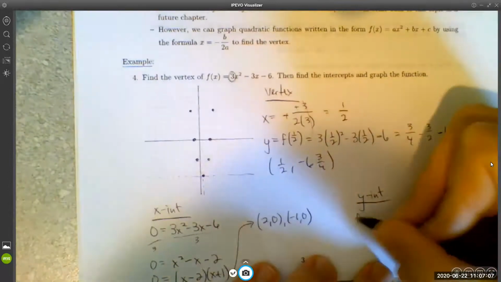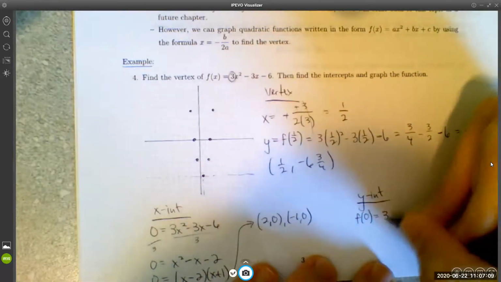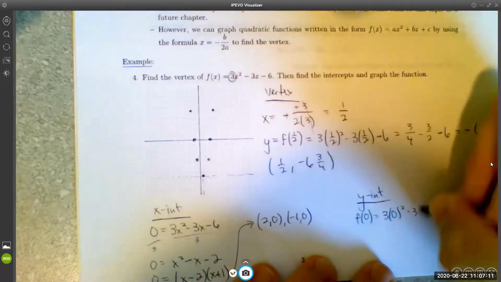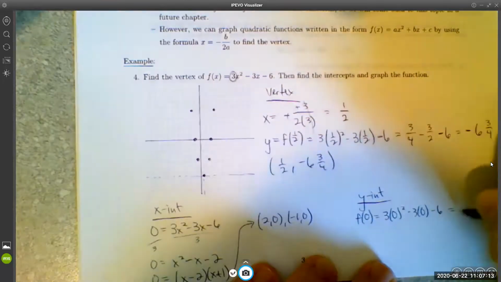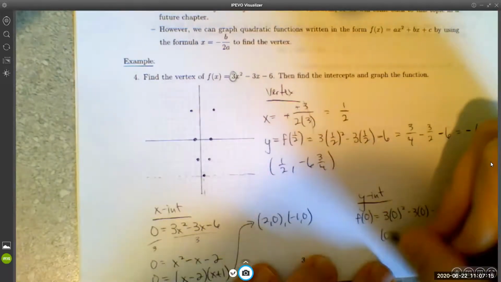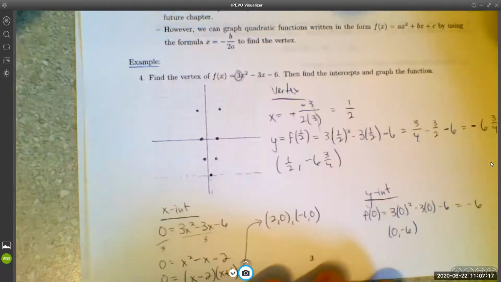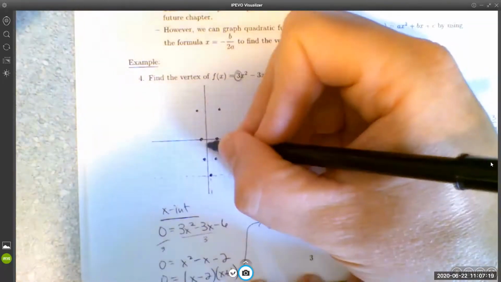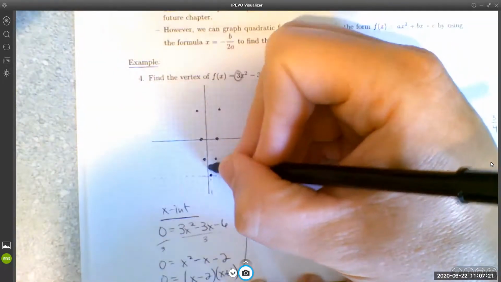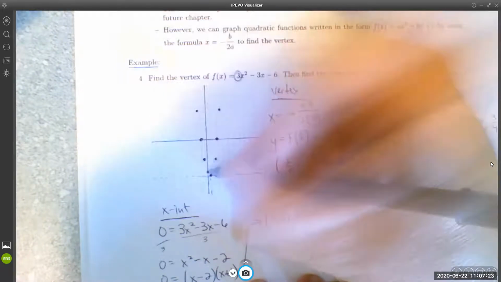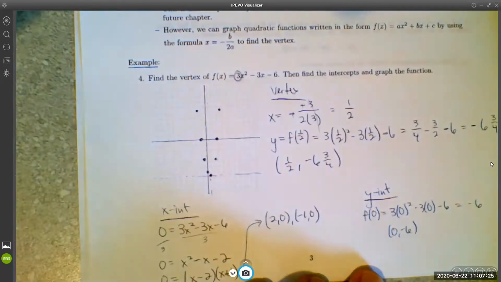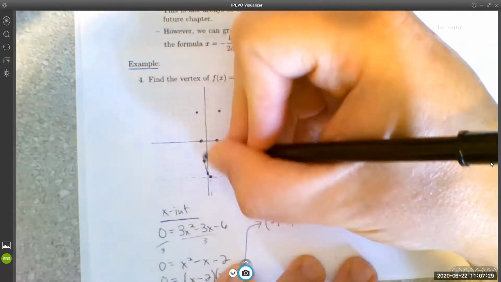So f of 0 is 3 times 0 squared minus 3 times 0 minus 6. That's just -6, right? So (0, -6) is the y-intercept. 1, 2, 3, 4, 5, 6. There's the y-intercept right there. It makes sense. So we can connect the dots.